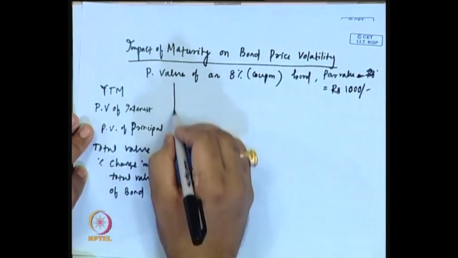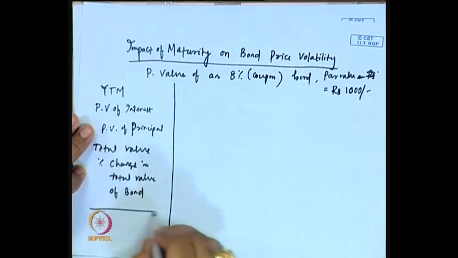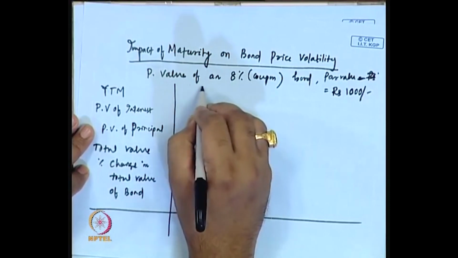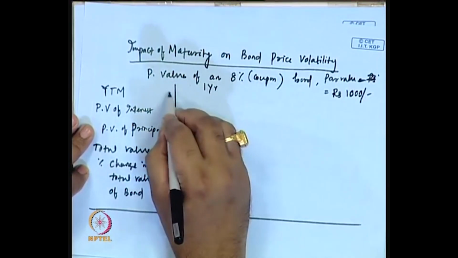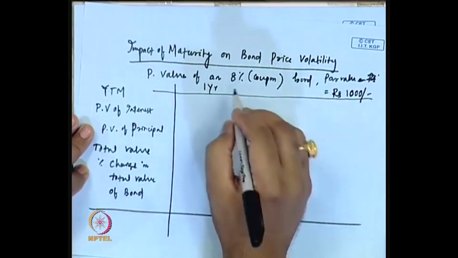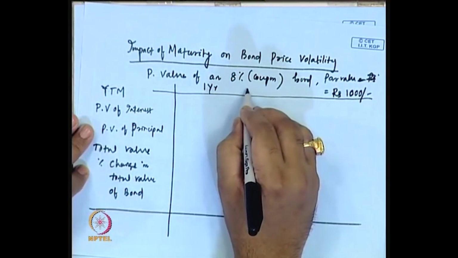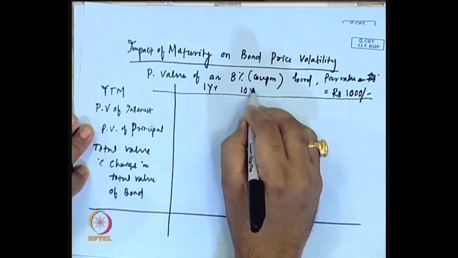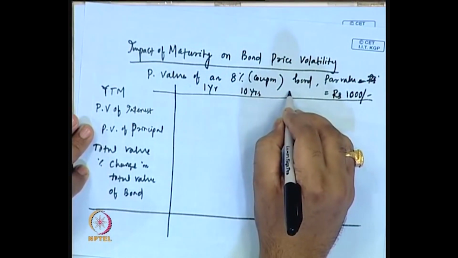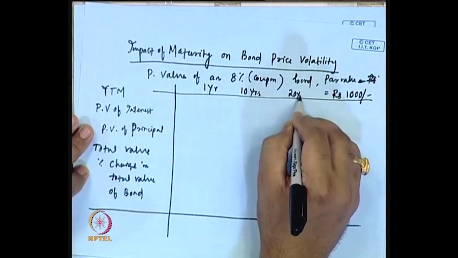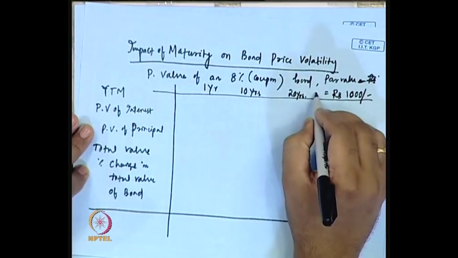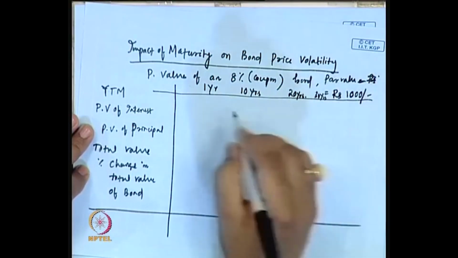This is the case, so how can we prove these theorems? Let us say you have a 1 year term to maturity, then 10 years term to maturity, then 20 years term to maturity, then 30 years term to maturity.